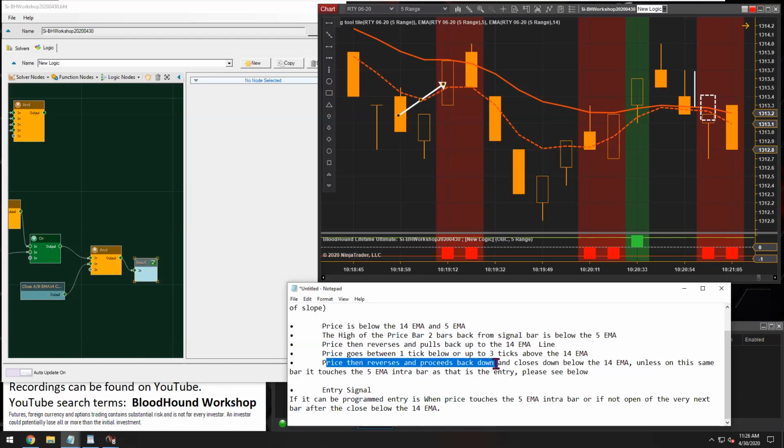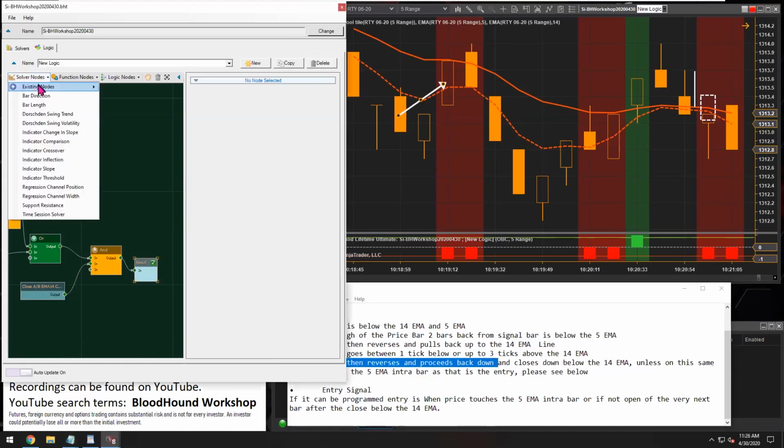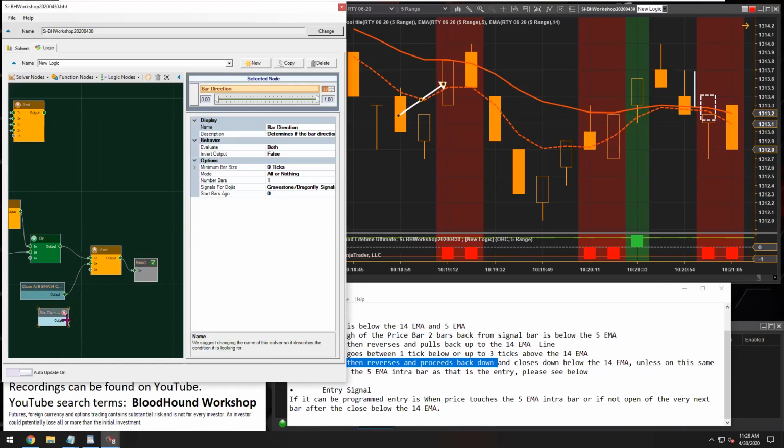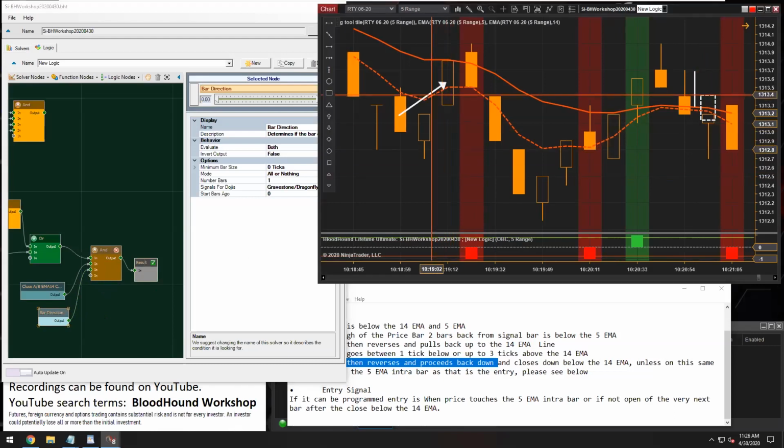That would be a down bar, basically. So I need to grab a bar direction, plug that in there, and there we go. These up bars were eliminated.